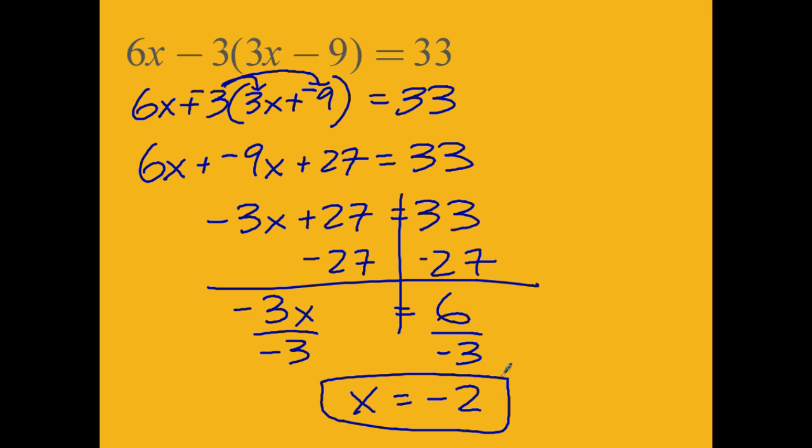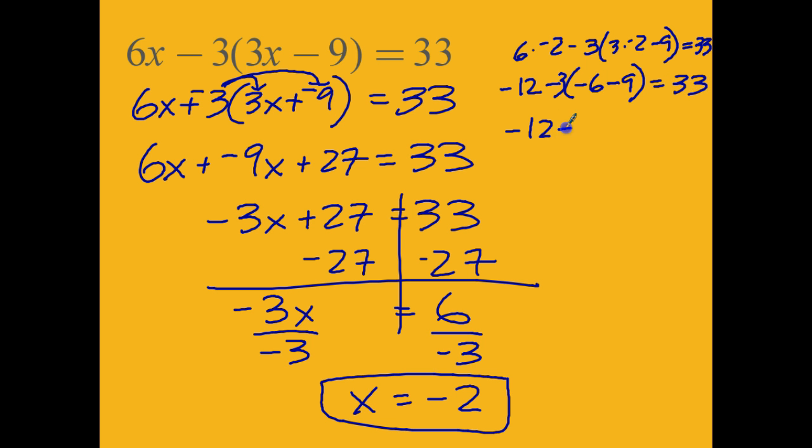And let's plug this in. 6 times negative 2 minus 3 times 3 times negative 2 minus 9 is equal to 33. Okay, so 6 times negative 2 is negative 12 minus, and let's do the inside. 3 times negative 2 is negative 6 minus 9. Negative 12 minus 3 times negative 6 minus 9 is going to be negative 15.